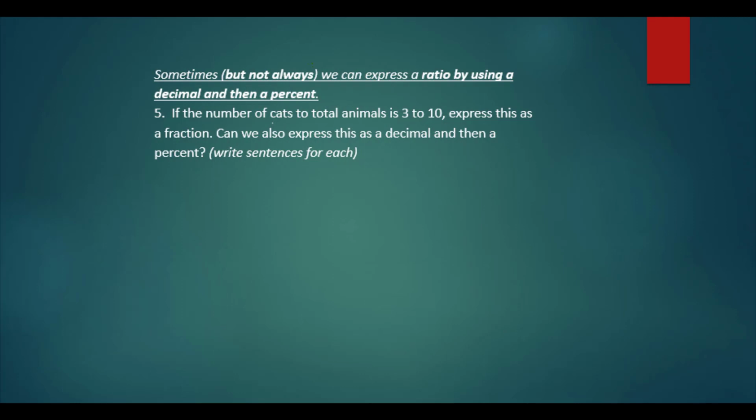Okay, number 5. It says, if the number of cats to total animals is 3 to 10, express this as a fraction. Can we also express this as a decimal and a percent? Well, let's take a look at that. Well, as a fraction, that should be pretty easy, right?